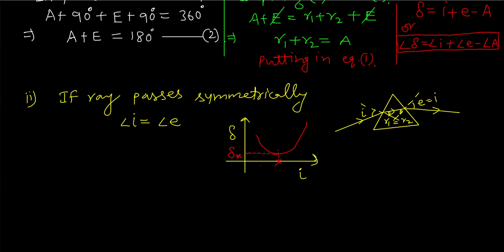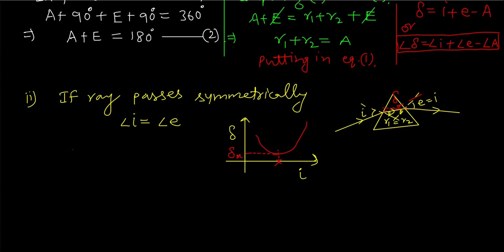If you see, because the path of a light ray can be reversed, from the left hand side the incidence angle is I and suppose the deviation angle is delta. And if you see from the right hand side, then the incidence angle is E, and again the deviation angle will be the same, delta. But according to this graph, there is only one value of incidence angle for which the prism produces minimum deviation.